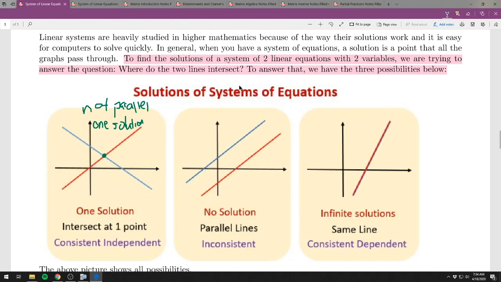Now, if the lines are parallel, there are 2 possibilities, which you see in the middle and on the right. You have parallel but not touching, and parallel but touching, which means they're the same line.